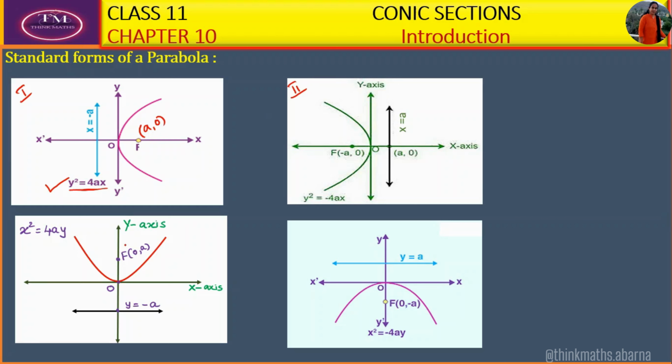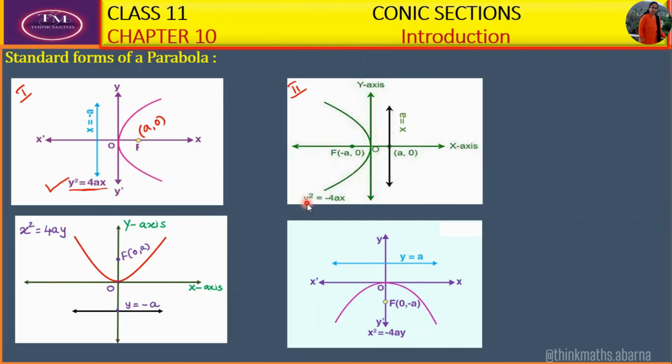Second form. So the second form is when the parabola mouth is open in the negative side of the x-axis. So therefore the focus is at minus a comma 0. Then the directrix will pass through a comma 0. That is x is equal to a is the equation of the directrix.